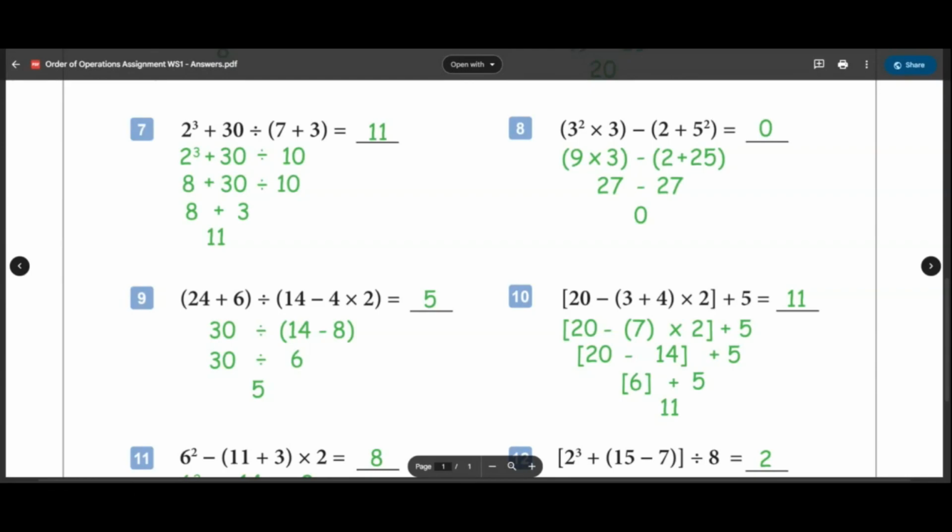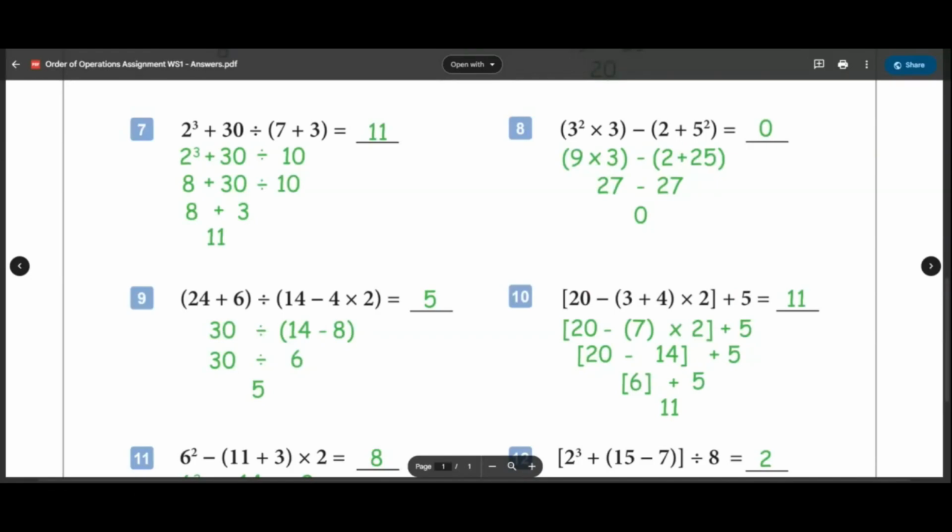So we start and we look to see if we have any parentheses, and we do. So we have to fix this first. Everything else stays exactly the same. 7 plus 3 is 10, and there won't be anything else left to do in the parentheses, so I can drop the parentheses. We're fixing one thing at a time.